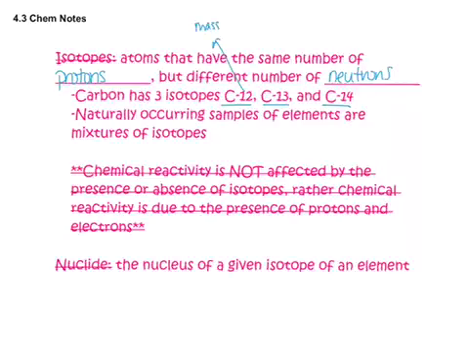You can see that the masses increase by 1 with each isotope. These are naturally occurring samples. Most of the time when we grab a sample of carbon from nature, there will be a mixture of isotopes.